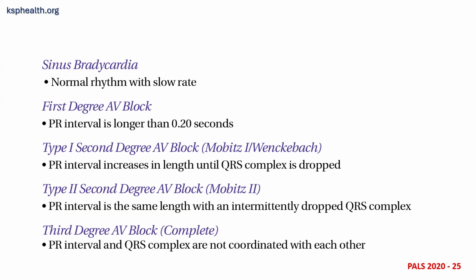Type 1, the PR interval progressively increases till the QRS complex is dropped. In type 2, the PR interval is the same length with intermittently dropping QRS complex. There is no progressive PR interval lengthening before the dropped QRS complex. In the third degree, the PR interval and QRS complex are not coordinated. They march to a different tune.